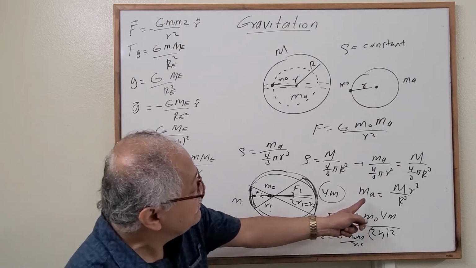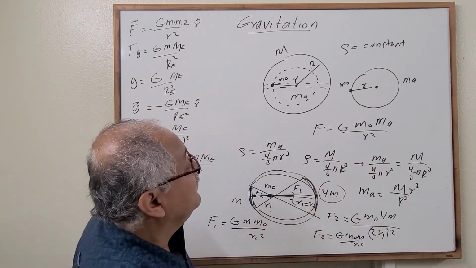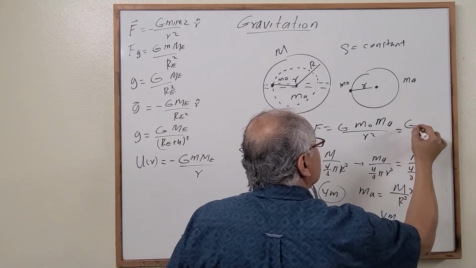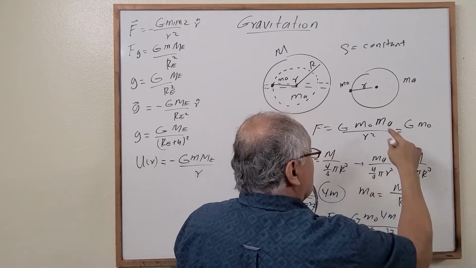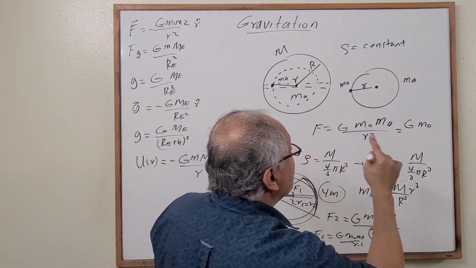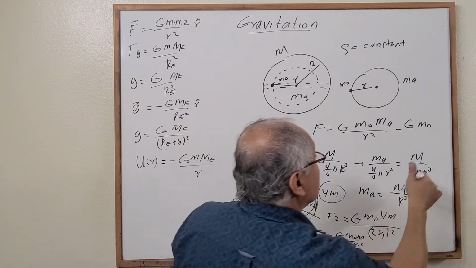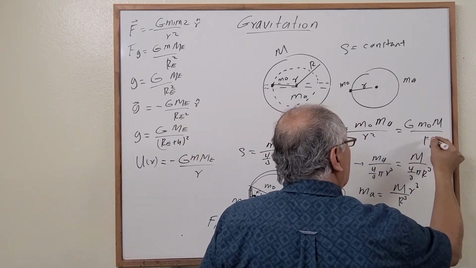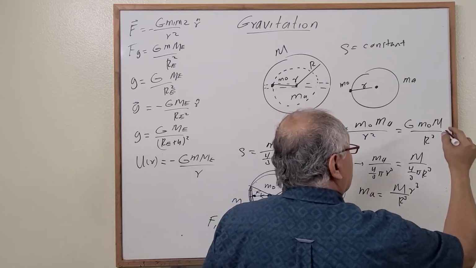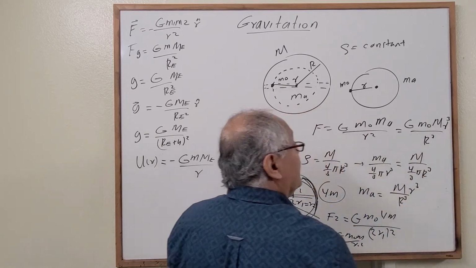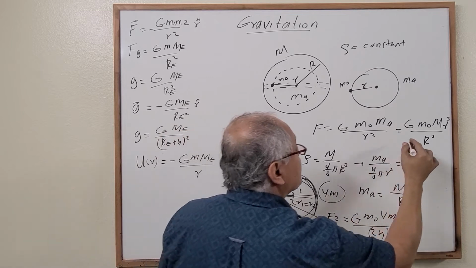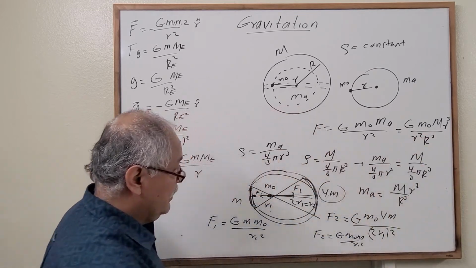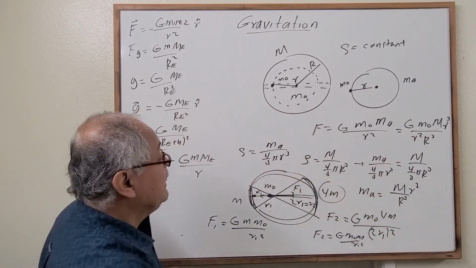Now, let's substitute this value right here, and what do we have? This is equal to G m naught, what is ma? Ma is equal to the big M, correct? Divided by r cubed, right? This is little r cubed, and this is r squared right here, correct? Perfect.